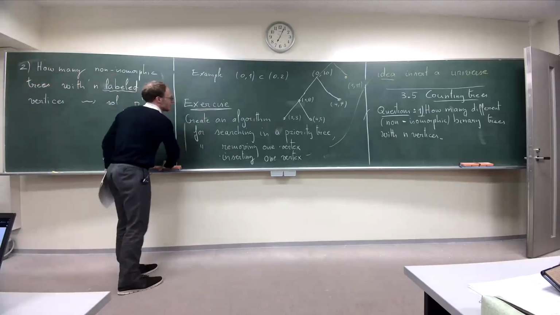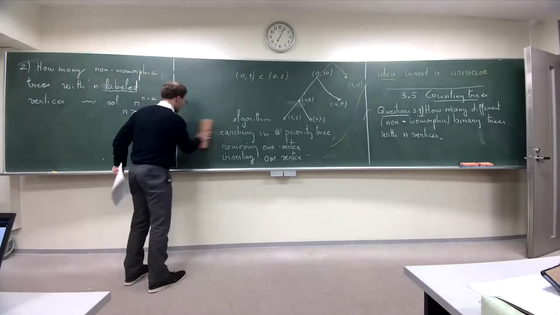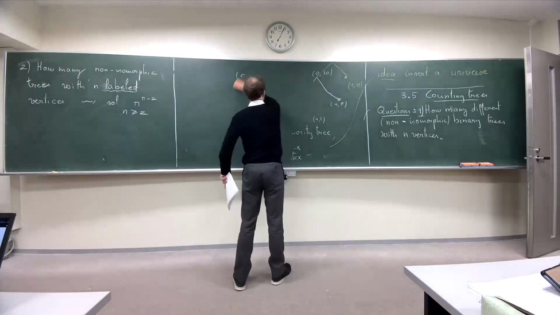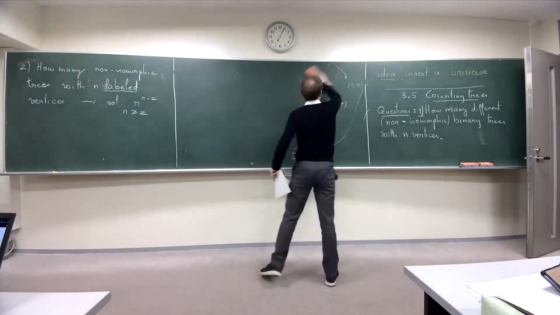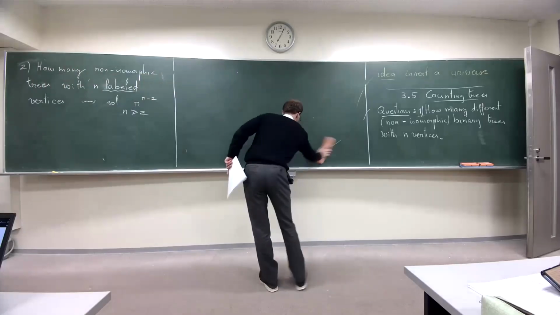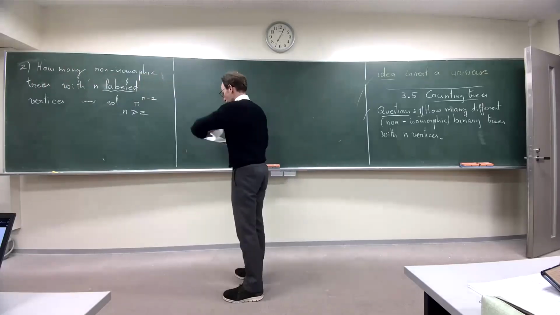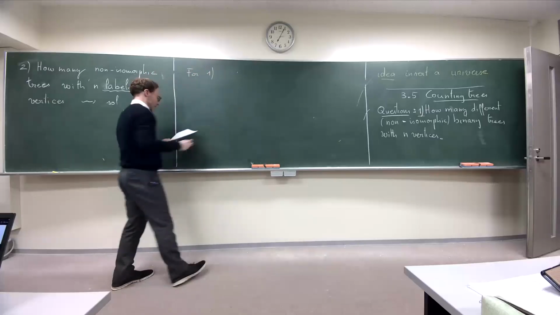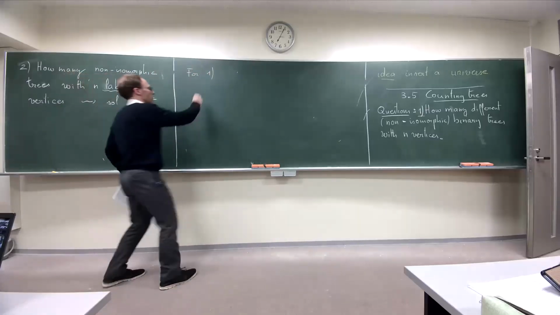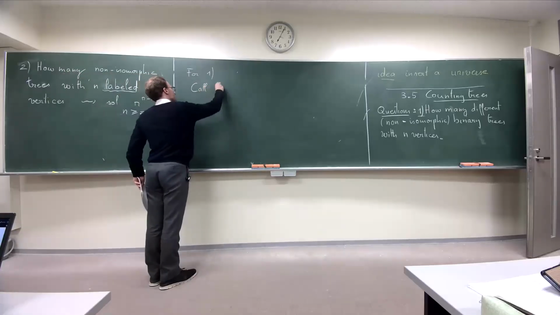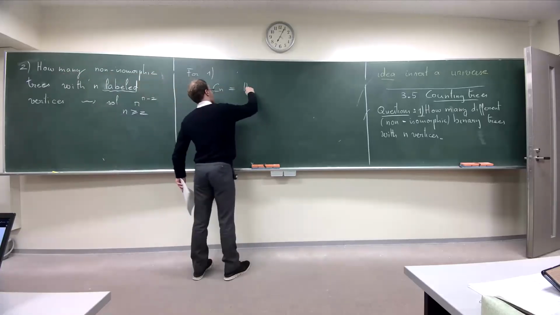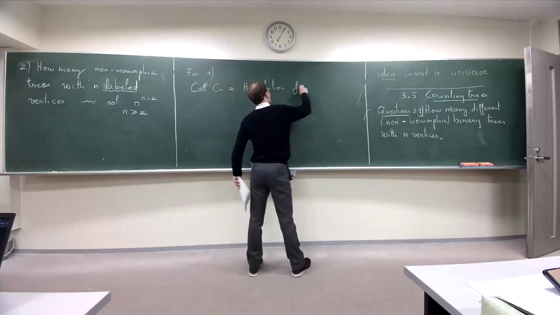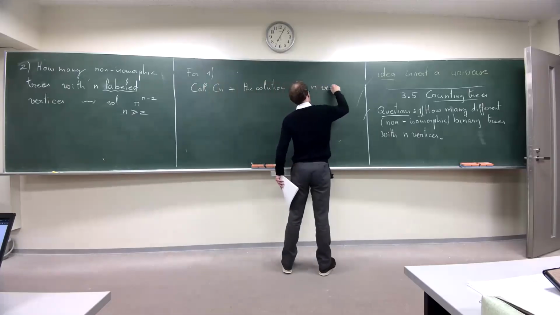So let me give more information about the first one. We will count for n equal to 1, 2, or 3, and I will give you the way to solve it. So the first question. I call Cn the solution for n vertices.